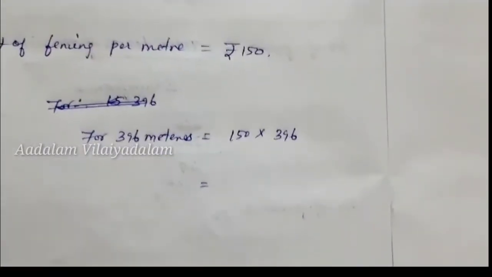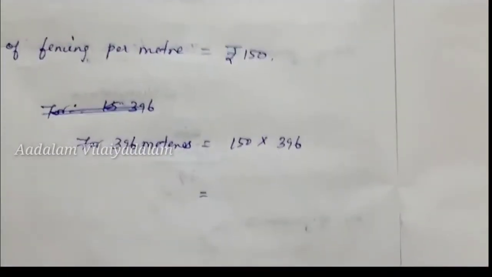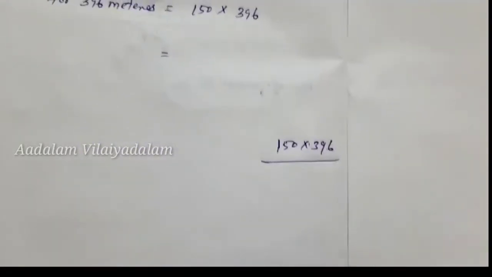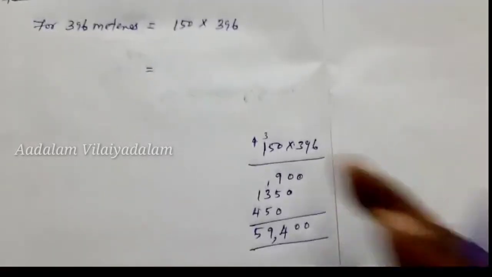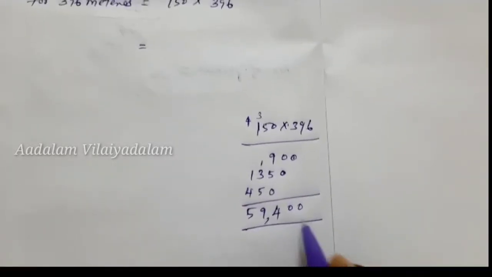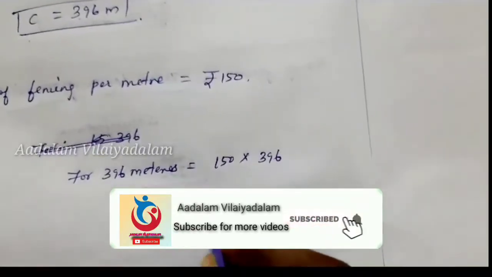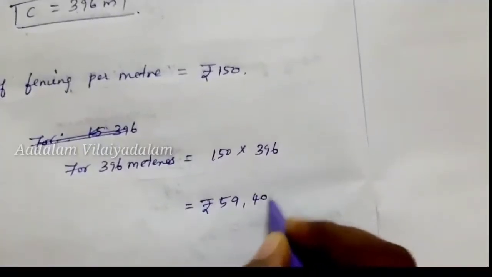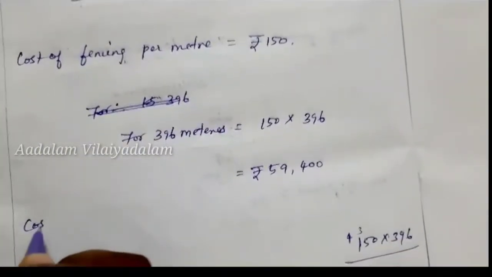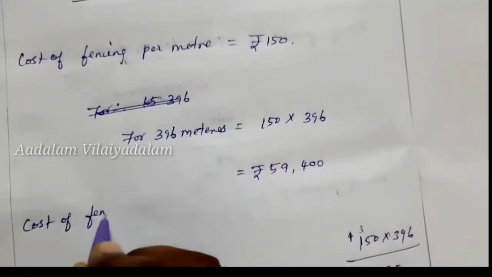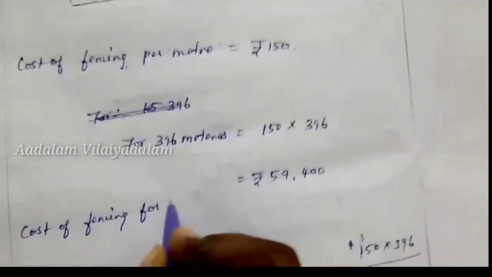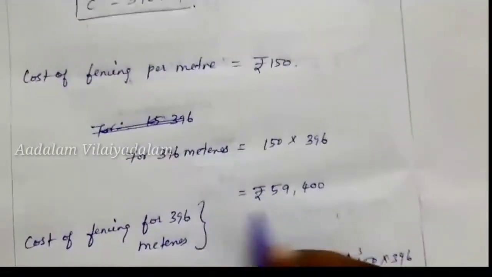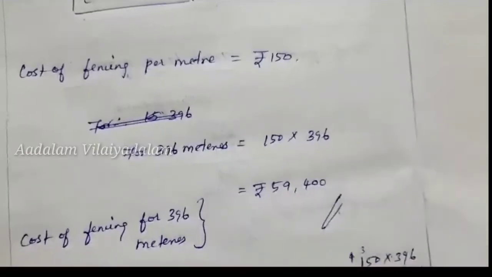So multiplication of this value we could do here, 150 into 396. The product of these two numbers we get 59,400. So therefore he spends rupees 59,400. So we could write cost of fencing for 396 meters is equal to rupees 59,400.